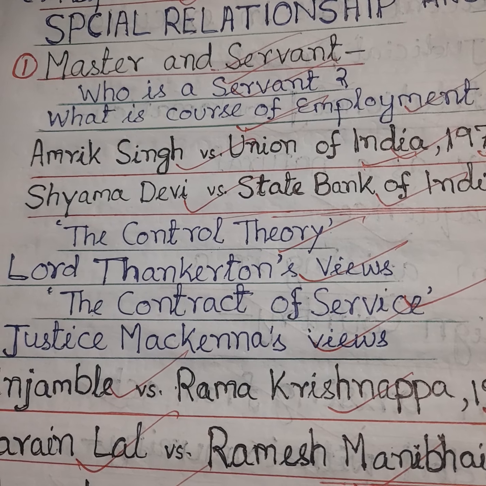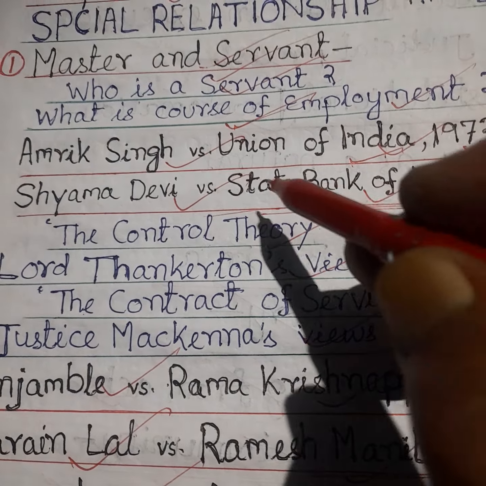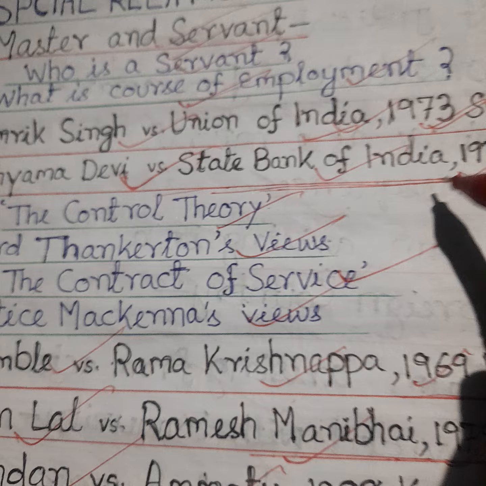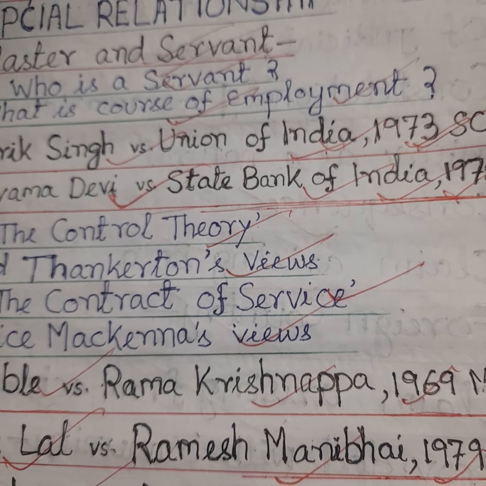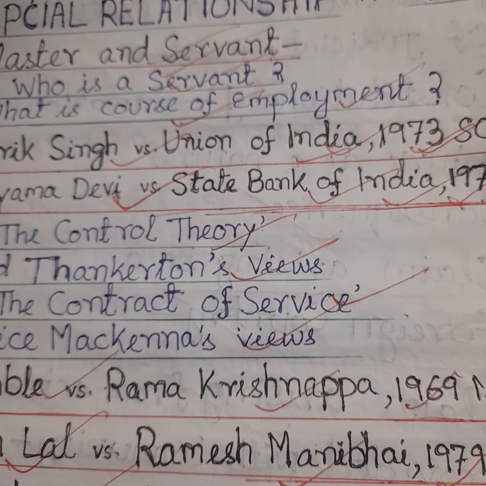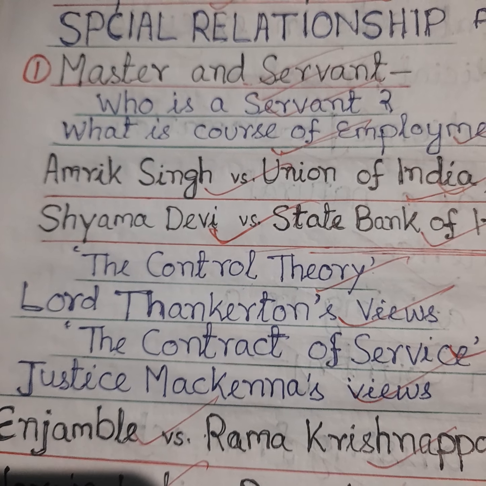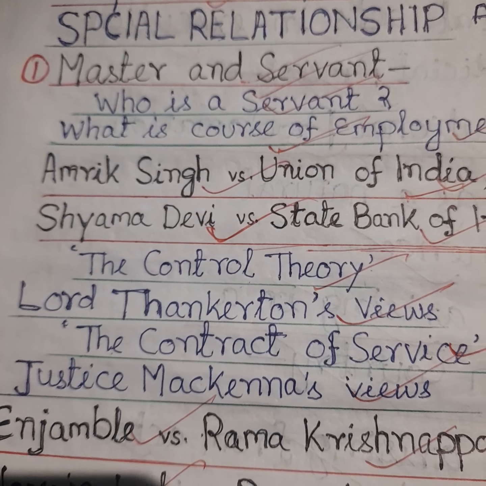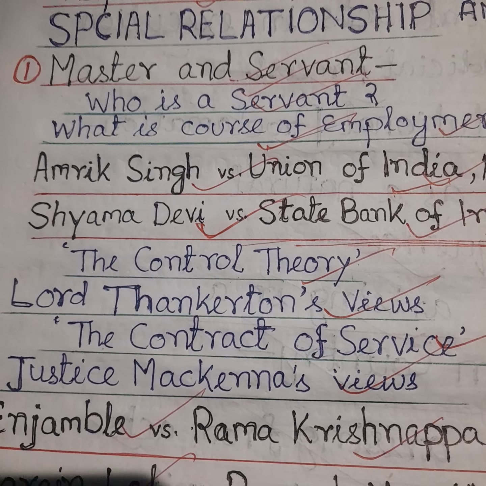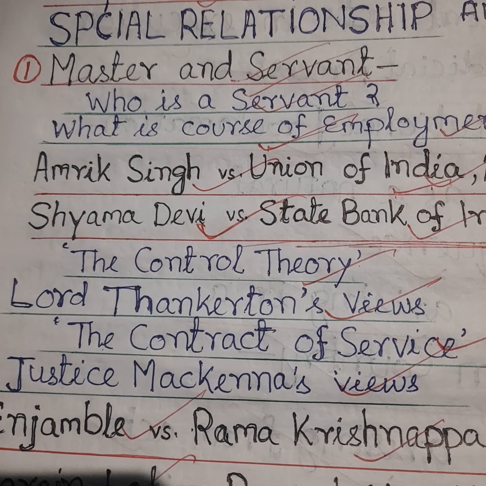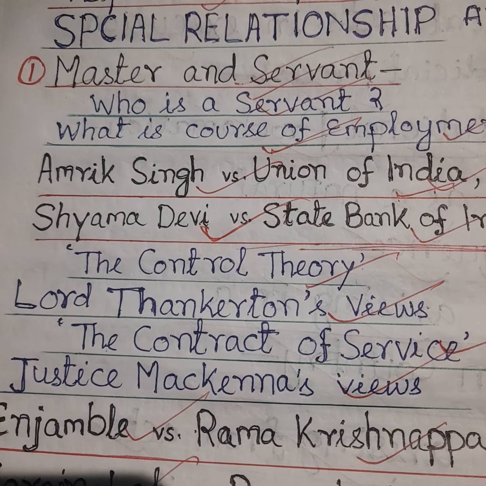Those questions were answered by our Supreme Court in the leading case Syama Devi versus State Bank of India in 1978. The facts of the case were that the plaintiff's husband gave some amount and cheques to his friend, who was an employee in the defendant bank, to be deposited in the plaintiff's account.